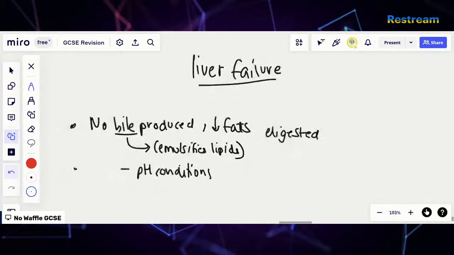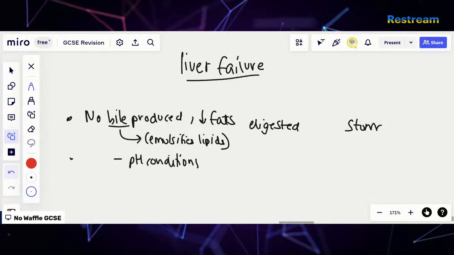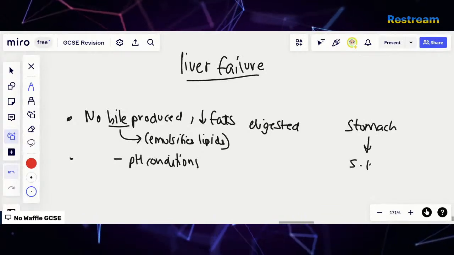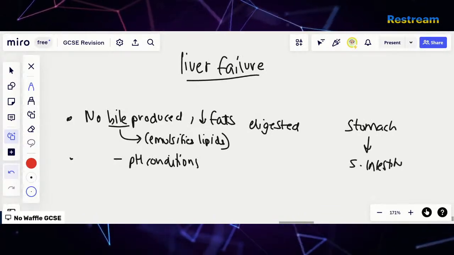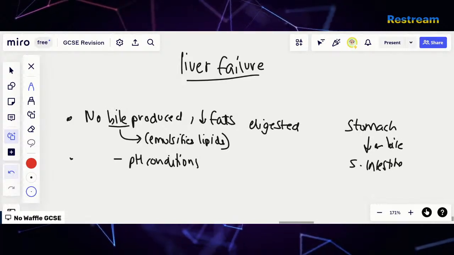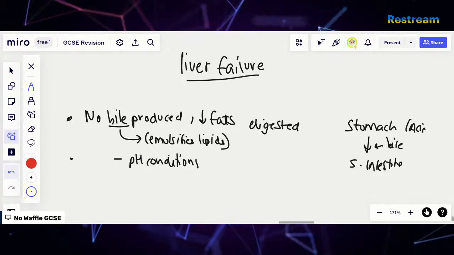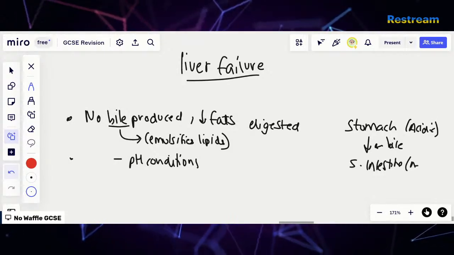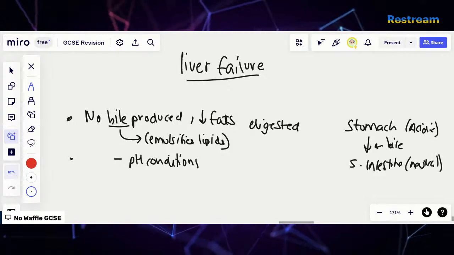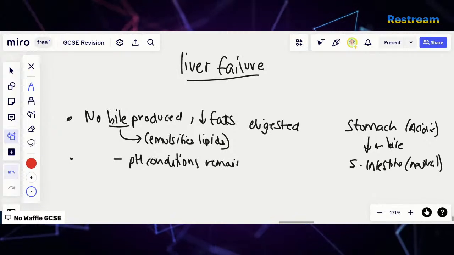Because the food comes from the stomach to the small intestine, bile intervenes at this point, and bile restores the pH from the acidic conditions in the stomach to become neutral in the small intestine. Now, if we don't have bile, the pH conditions would remain acidic.